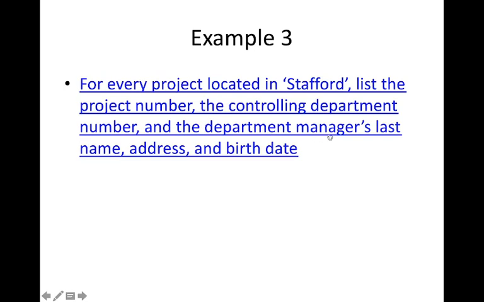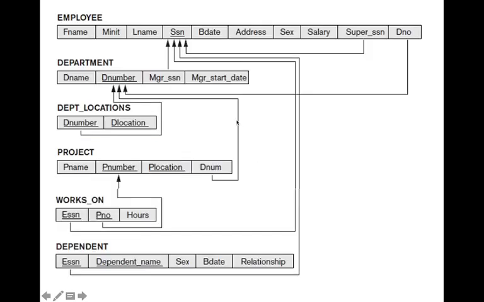The department manager's information is in the department table and the name, address and birth date are in the employee table. So we have to join employee, department and project. Based on the project location, Stafford, we have to find the manager of all projects in Stafford, D num equal to D number.